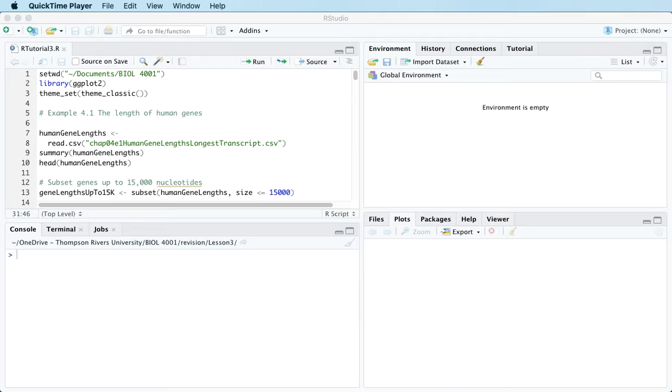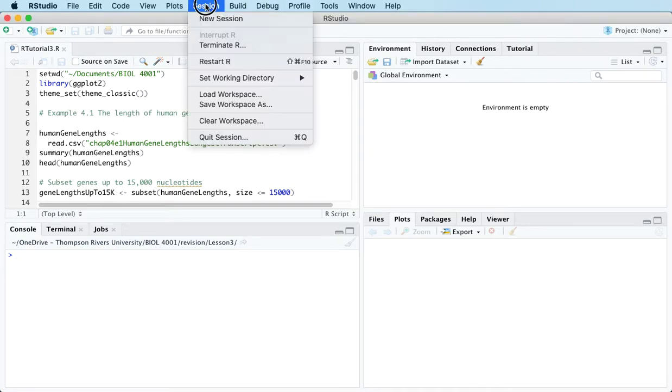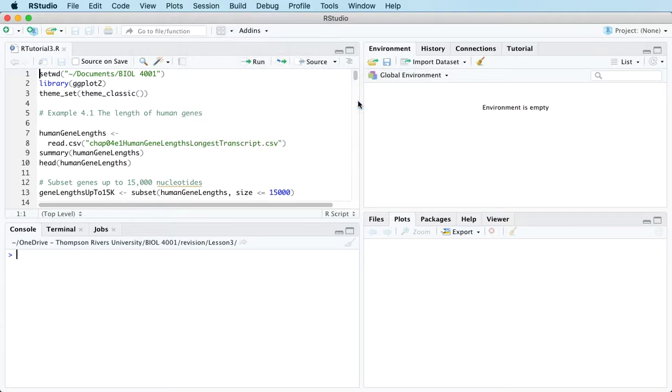To run that experiment, we're going to set up some data on the length of human genes. So if I go to R now, I'm going to set my working directory, and then install the ggplot2 package and load it, and set the theme so that we have nice pretty looking graphs.